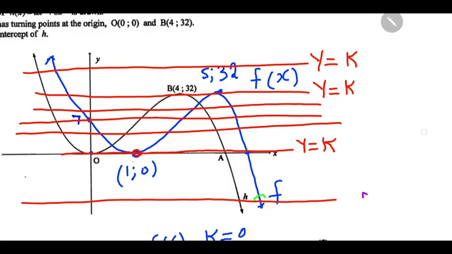Here the graph touches once, so we cannot use this. We're looking for two positive and one negative, only one positive here, so we can't use this. And here 1, 2, only going to be 2. We're looking for one negative as well, so we can't use this. Now you come on top, this line touches the graph once here, the second place is here, and the third place is here. All three are positive x-intercepts. We're looking for two positive and one negative, so we can't use this.